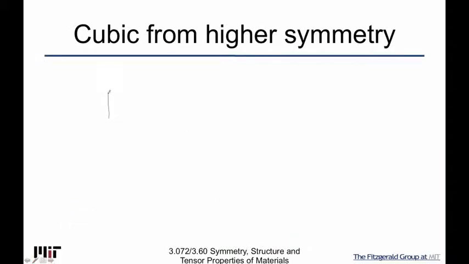So if it's cubic, we already know what kinds of systems we're dealing with. Think 4, 3, 2. Right? We had a fourfold axis, threefold axis, twofold axis. And there are many different ways to come in here. You could start with the point groups 2, 3 and 4, 3, 2 and eventually get here.